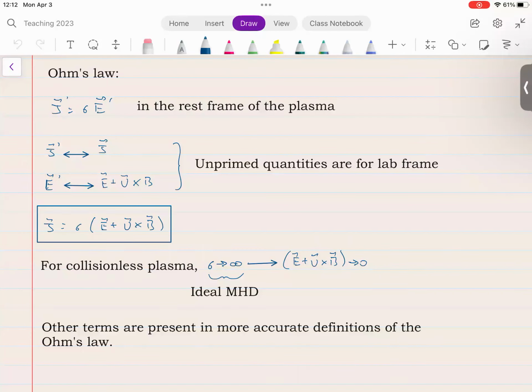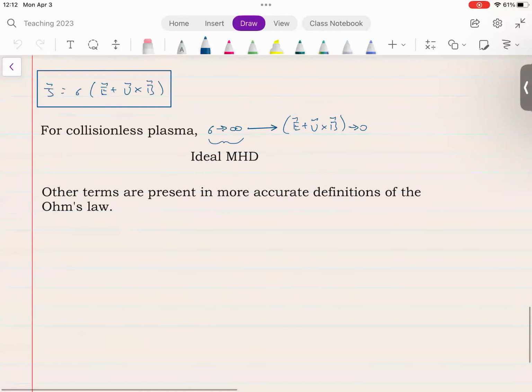Well, we got a couple of minutes left, or 5 or 10. So not long enough to really finish the discussion. And then let me just write this using again the notation in the book. E plus U cross B minus J over sigma.